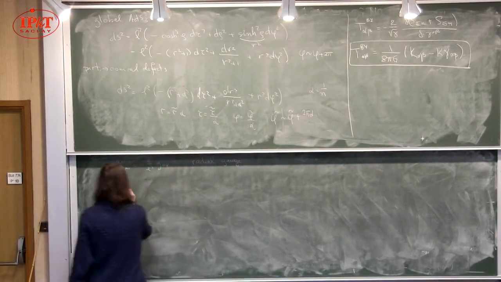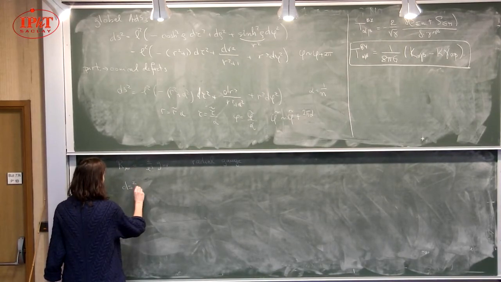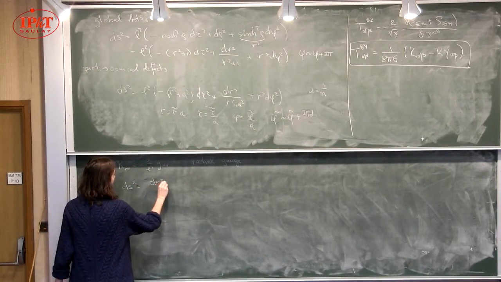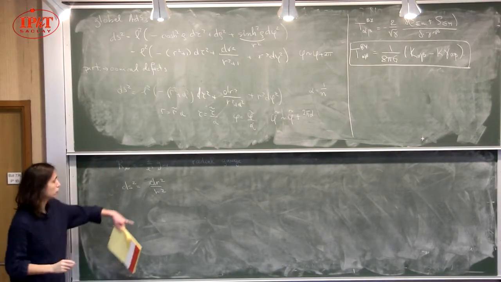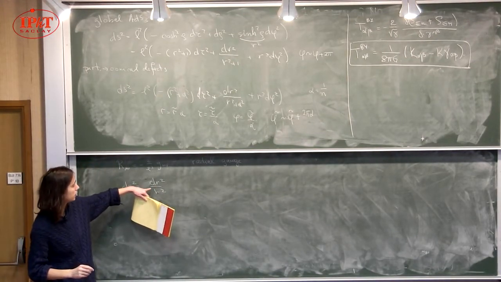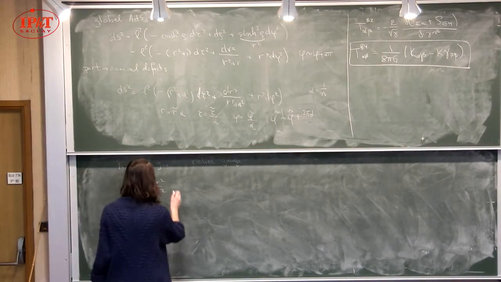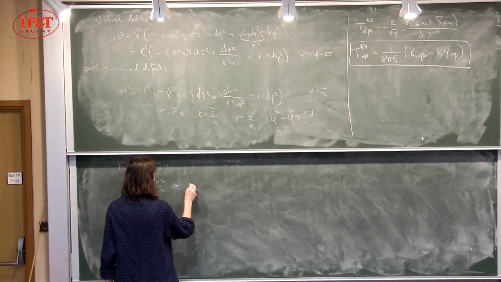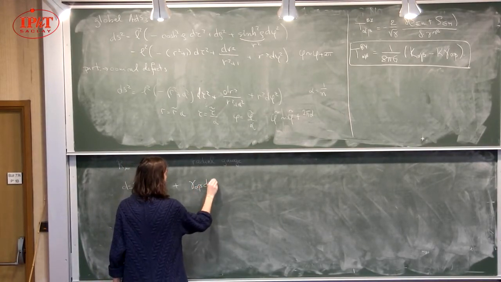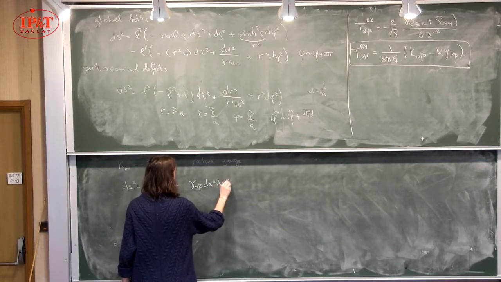And in the radial gauge, I can write the metric as ds squared equals dr squared over r squared. So this is not quite a radial gauge because radial gauge would be d log of this r, but never mind. Plus gamma alpha beta dx alpha dx beta.